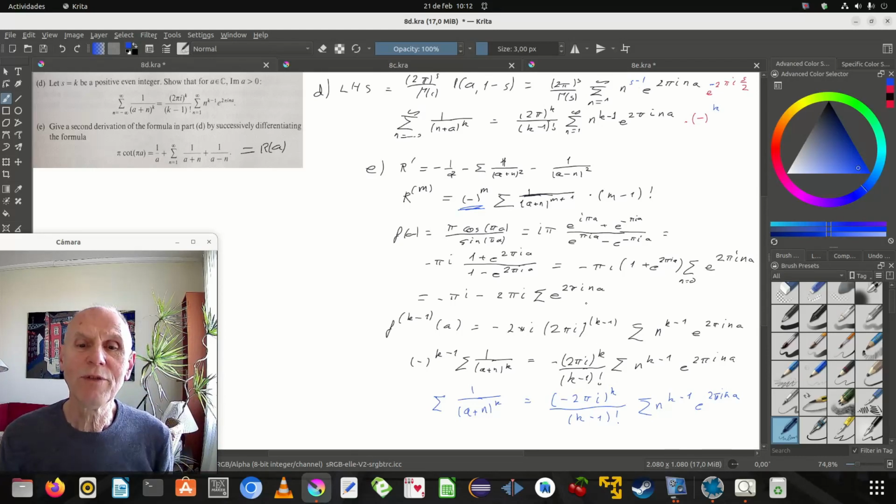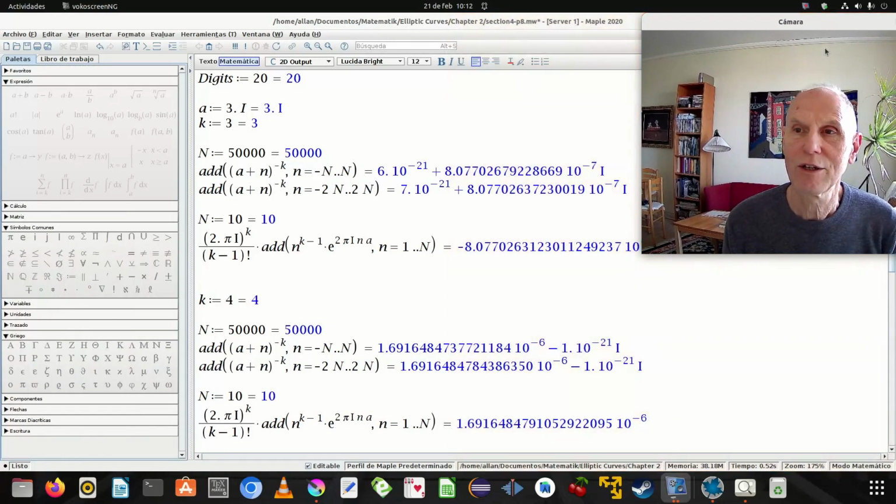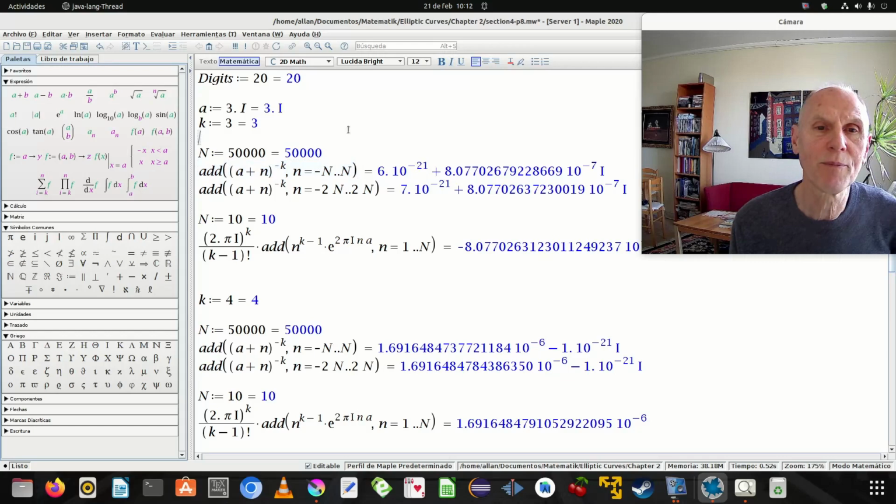I couldn't believe it because I haven't really found a significant mistake in any equation in the book up until now. So I thought I'd better check it. And I did. So we work with 20 digits to be able to compute this sum.